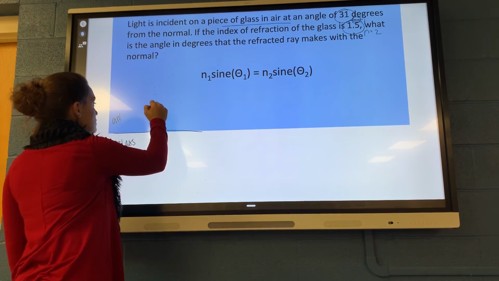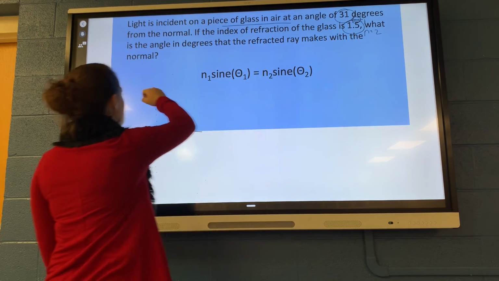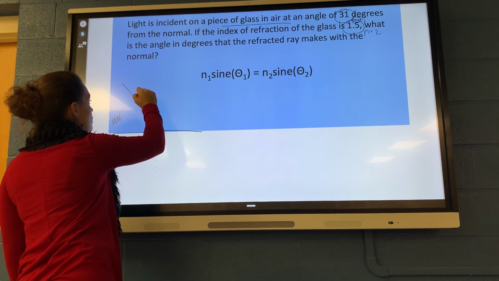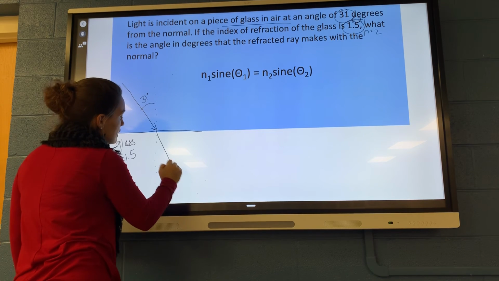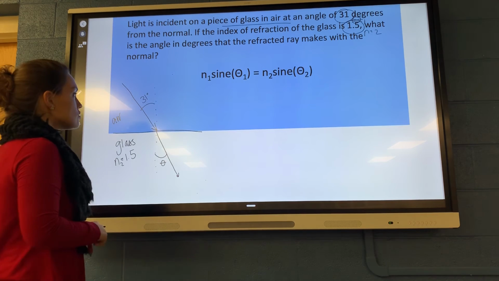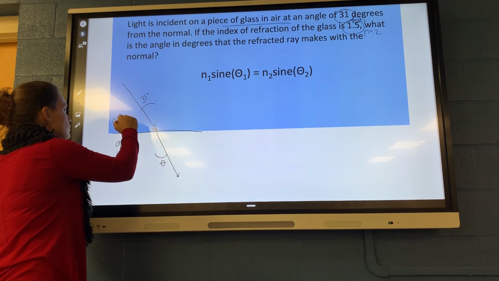All right, so here's my normal line. What angle did they give me? 31 degrees. So it hits this line at 31 degrees. All right, and it wants to know the angle that you make down here. All right, so what is the n value for air? It's in your packet, in your reference sheet.